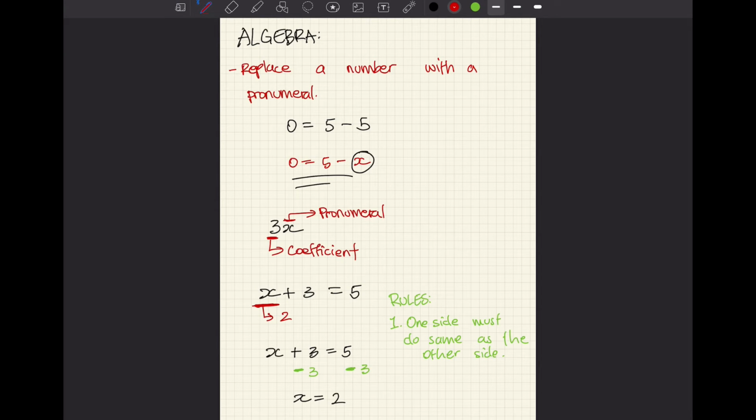So in this part here, where I minus 3, I had to minus 3 from the x plus 3 part of this equation, and I minus 3 from the 5. So I minus 3 on both sides to get the result. That is the number one rule with solving equations. Whatever you do to one side, you have to do to the other.